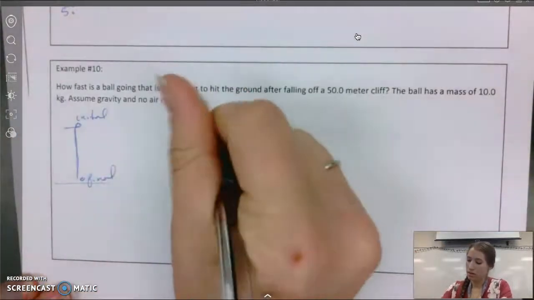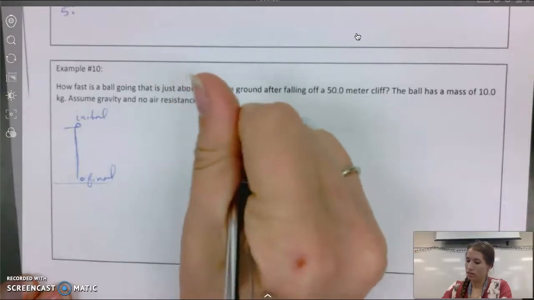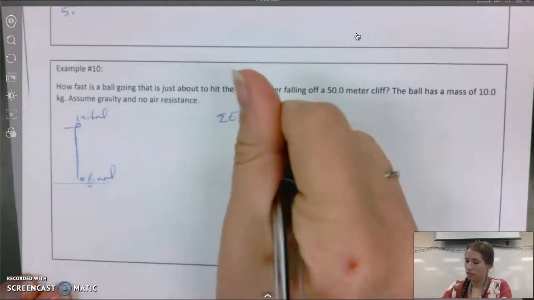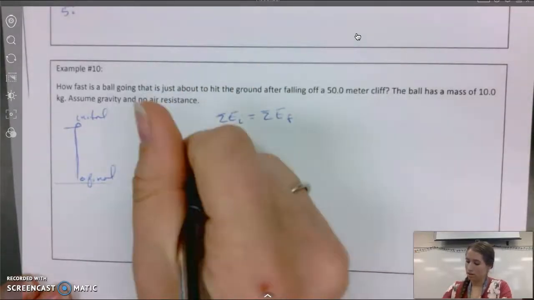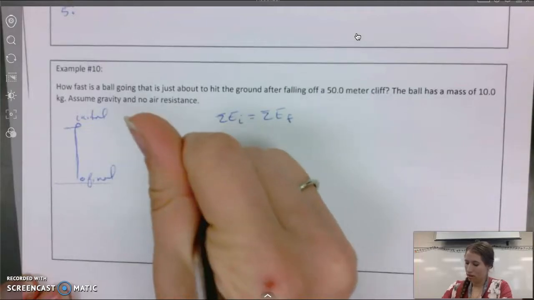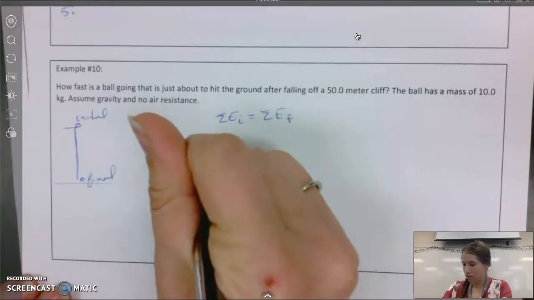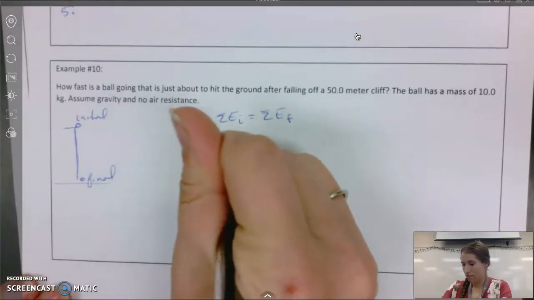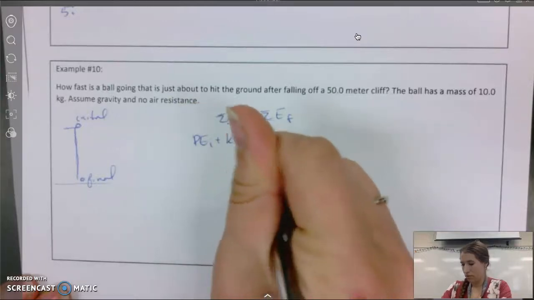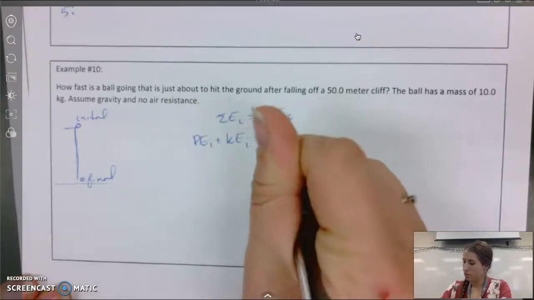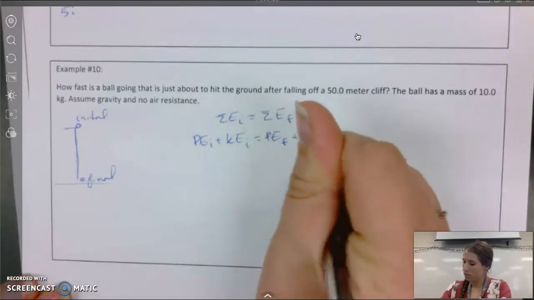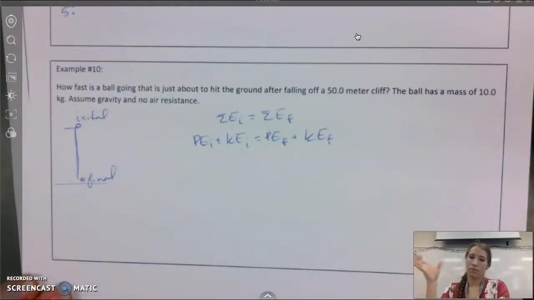And so the sum of the energy initial has to equal the energy final, and the types of energy we're focusing on are kinetic energy and potential energy. Okay, and so we'll look at what's happening with that initially and finally. Reminder that to have potential energy, we need a height, and to have kinetic energy, we need to have a velocity.